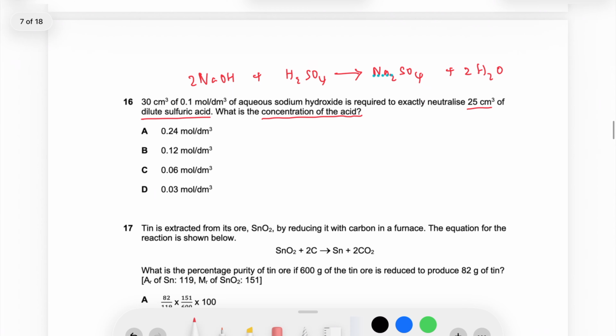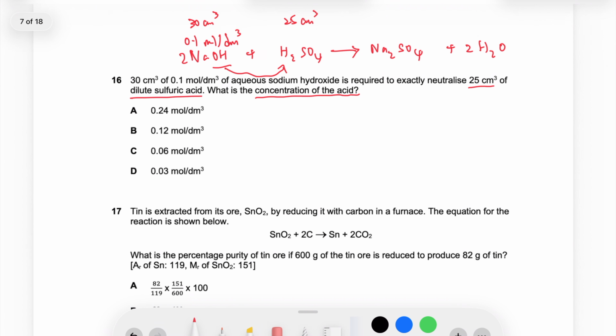Okay, so let me write down the value. And acid is just 25 cm3. So this is your usual three-step template. So you have to find the mole of your starting point, then you link it to the ending point.